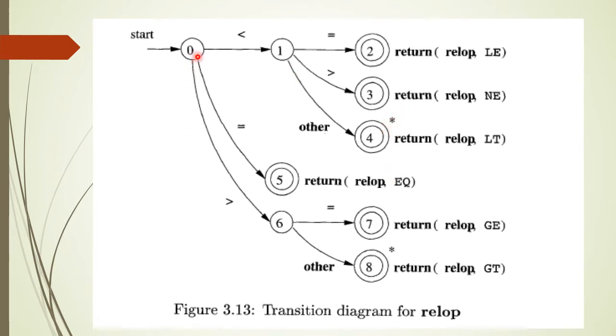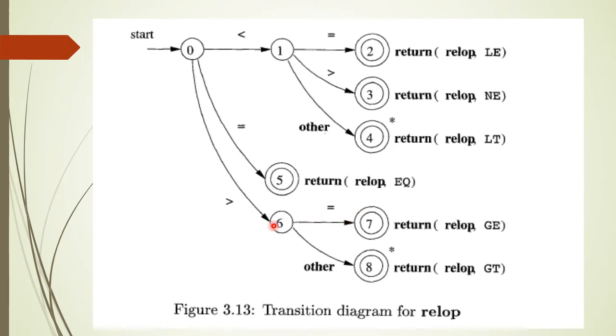Then from state 0, if I read this symbol, that is the equal symbol, I will end up in the final state 5 and return the relational operator equals. Then from state 0, if I read the greater than symbol, I will go to state 6 and wait for one more symbol, equals. If that is the case, it will return the relational operator greater than or equal to.